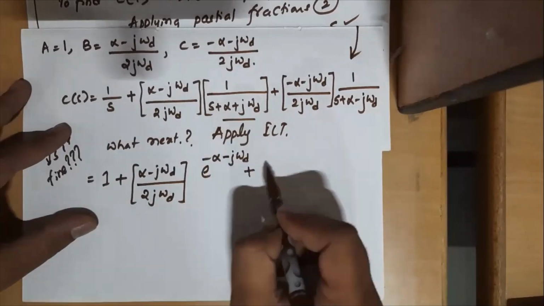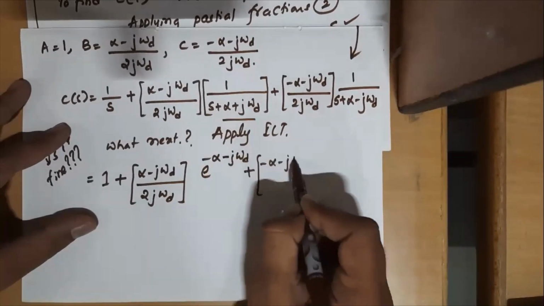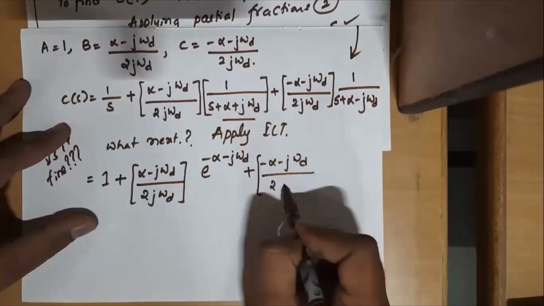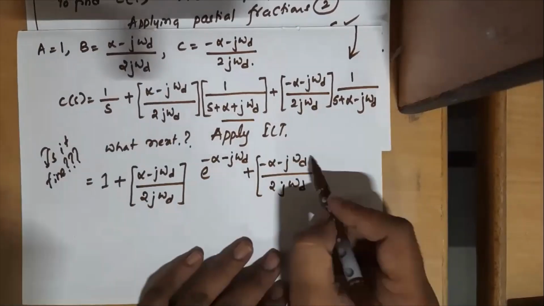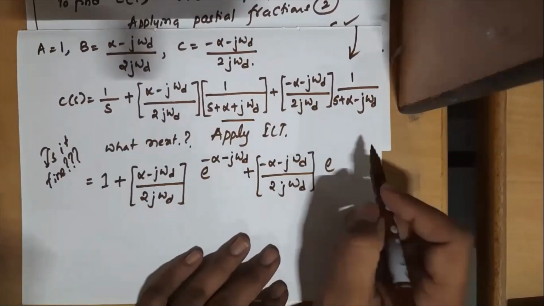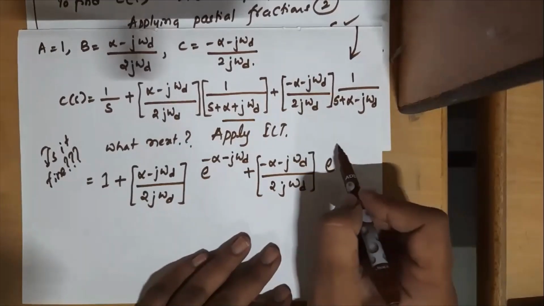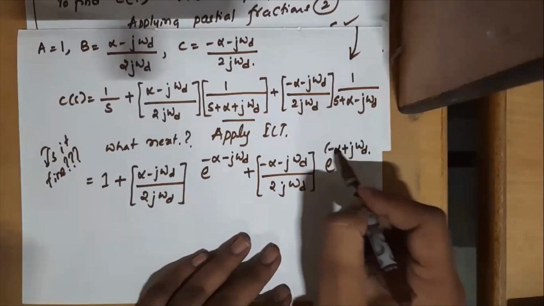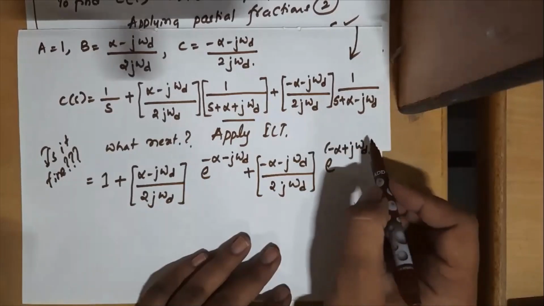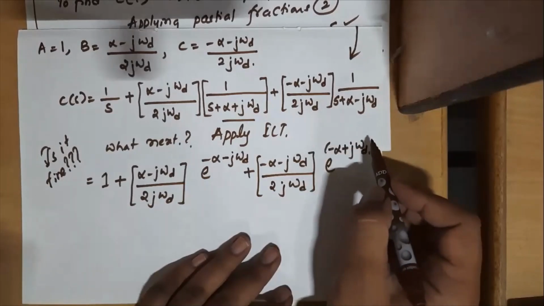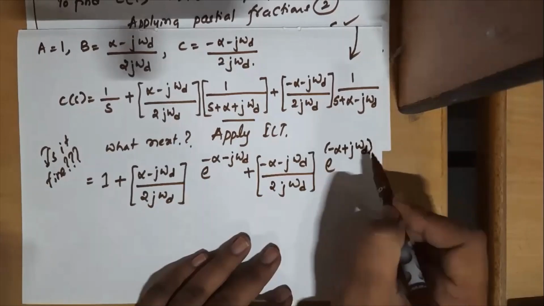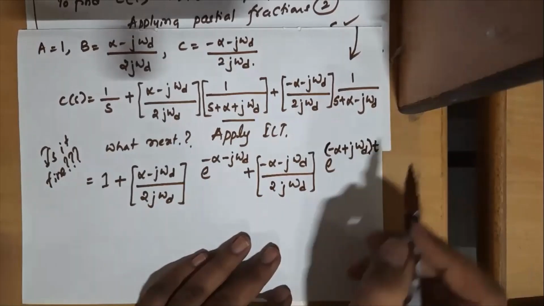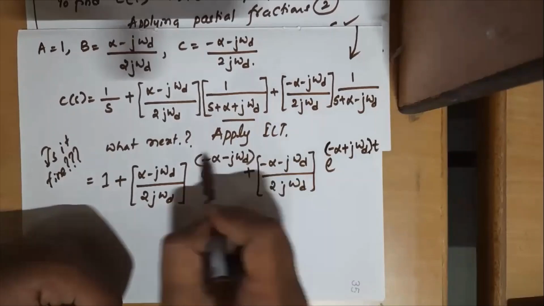Okay, this whole term I will take as s plus a. Then keep c as it is. Then take the inverse Laplace for this also. So it's minus alpha but plus j omega d now, into t. Sorry, I forgot in the previous expression: minus alpha plus j omega d into t. t should be multiplied here also.